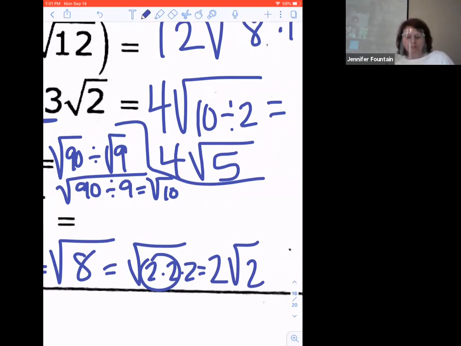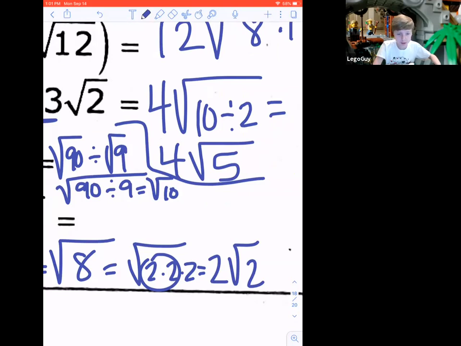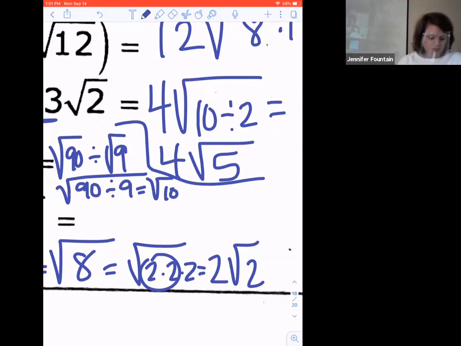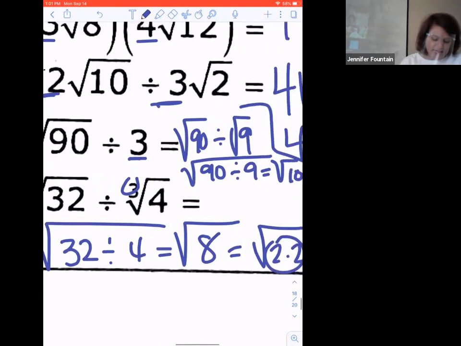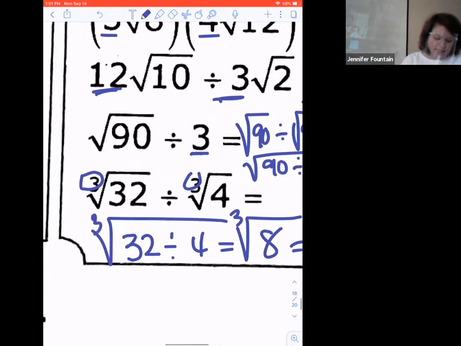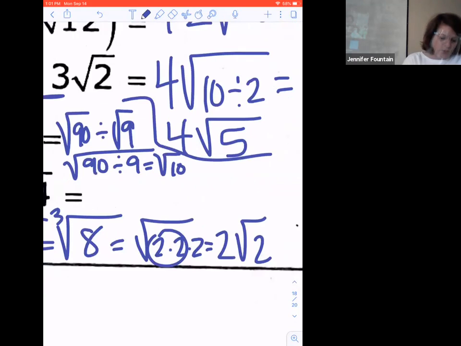So you'll get used to it, kind of going through the steps. I'm sorry, what, Hunter? The cube root of 8. Oh, was that one cubed root? It was, thank you, sorry. It was the cubed root of 8. See, that's what I get for forgetting my sign. So let me fix this real quick.